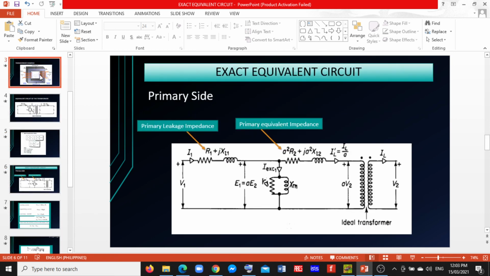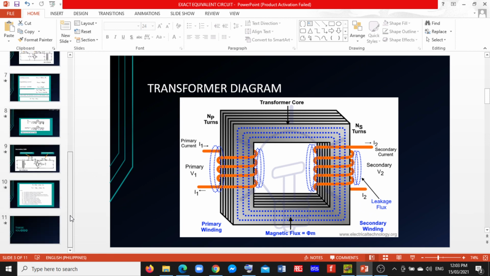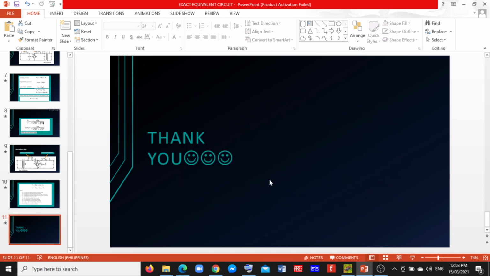So, meron pa tayong makukuha na equivalent impedance under magnetic flux. So, kaya masasabi natin na isang equivalent circuit siya if we represent the equivalent impedance under magnetic flux. Yan. Next, thank you. Yan lang po.